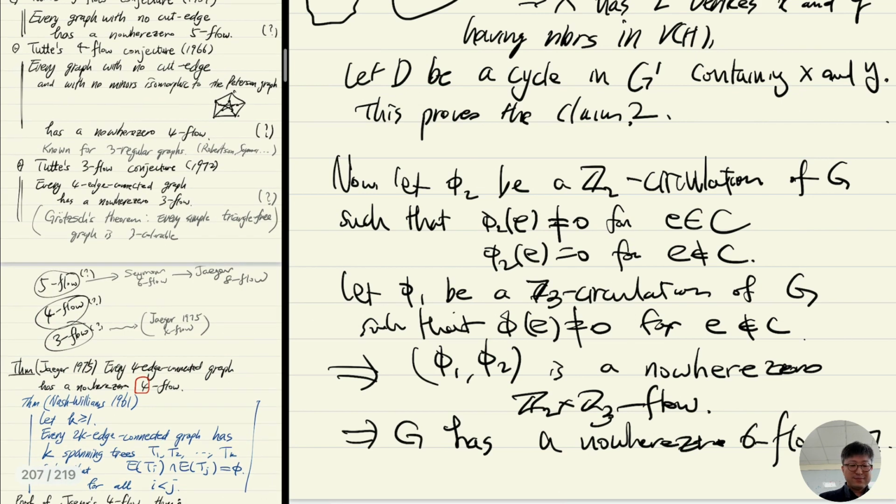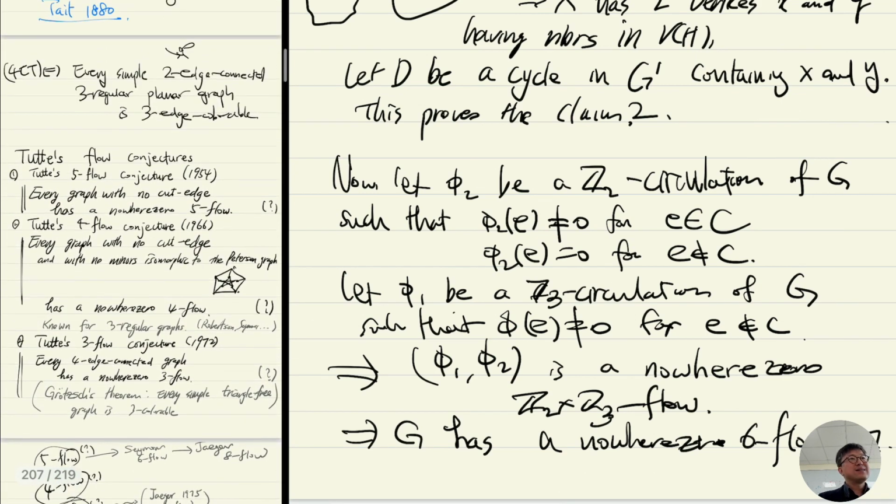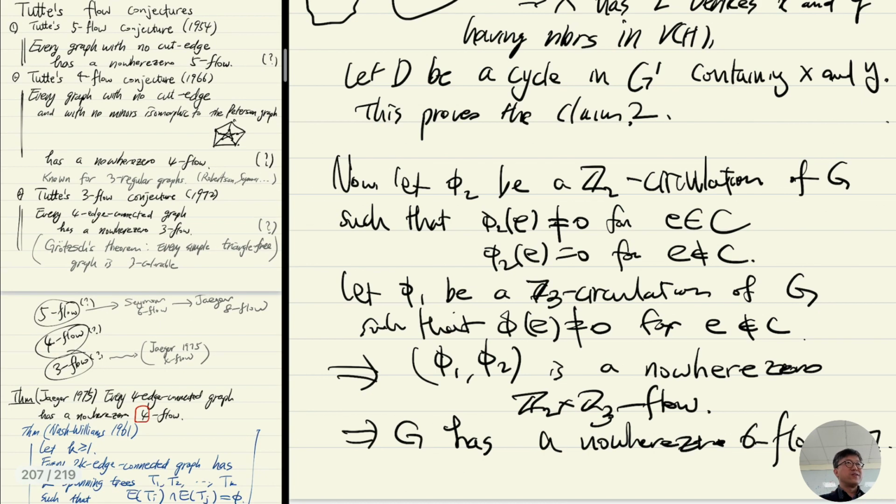We had the 5-flow conjecture, the 4-flow conjecture, and the 3-flow conjecture. The 5-flow conjecture says that every graph without cut edges has a nowhere-zero 5-flow. In the previous lecture, we saw an easy proof that every graph without cut edges has an 8-flow, and Seymour's theorem says there's a 6-flow. So what's left is to prove the 5-flow.